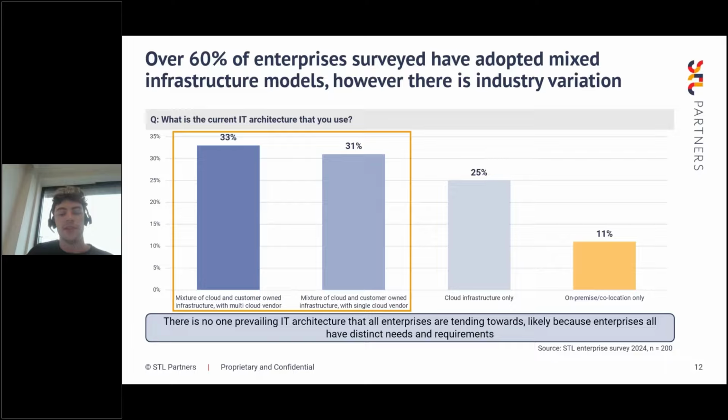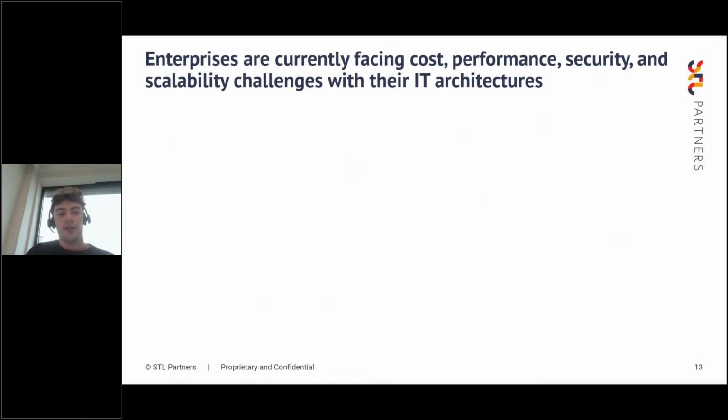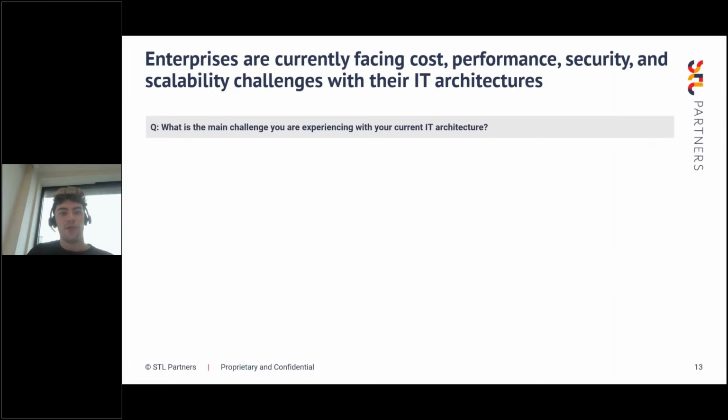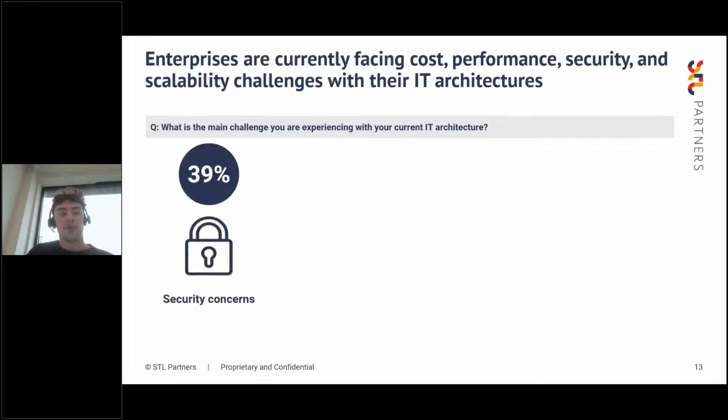We also asked survey participants what the main challenge is with their current IT architecture. Each respondent was only allowed to pick one challenge, which gives us a view of collectively what enterprises are seeing as most problematic. And the most common challenge that was highlighted was security concerns.